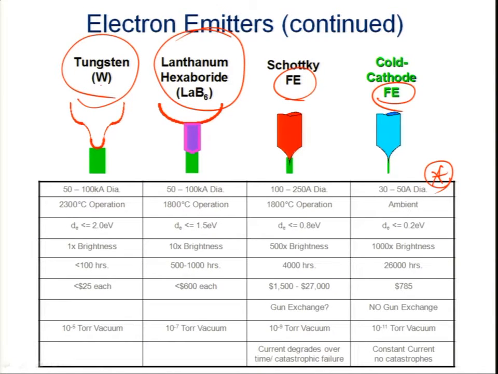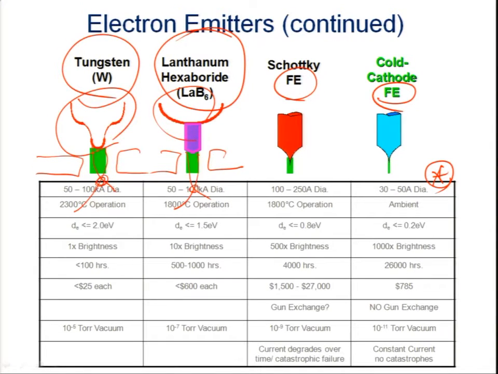In this case, we put very strong lenses right in front of the emission source to make a crossover to reduce the diameter, but because of Coulomb interactions among the electrons, it is hard to reduce the diameter at the crossover.